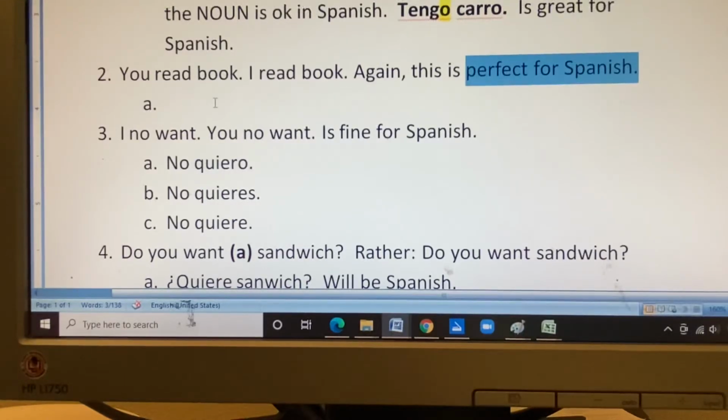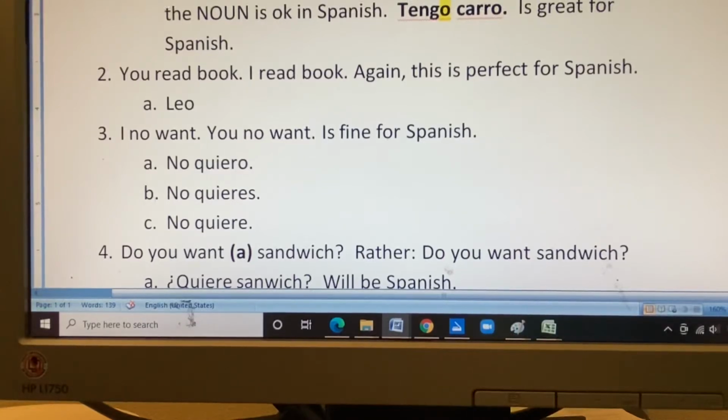And you're just going to say, we don't need to put yo because the verb for to read is leer. So we're going to conjugate it into just plain old leo. And leo ends with O.